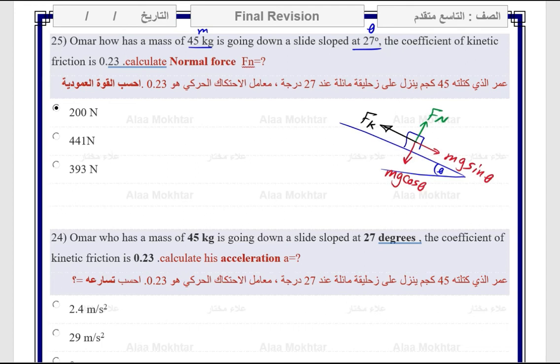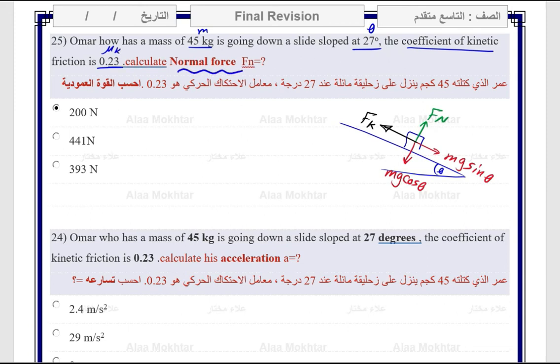Omar, who has a mass of 45 kilograms, is going down a sled at 27 degrees. The coefficient of kinetic friction, mu k, is 0.23.